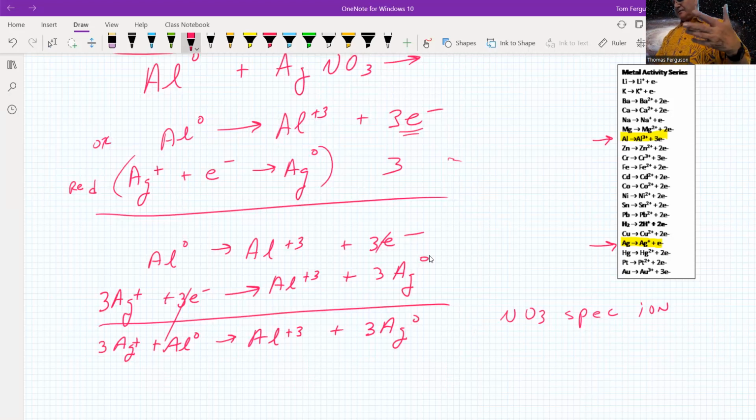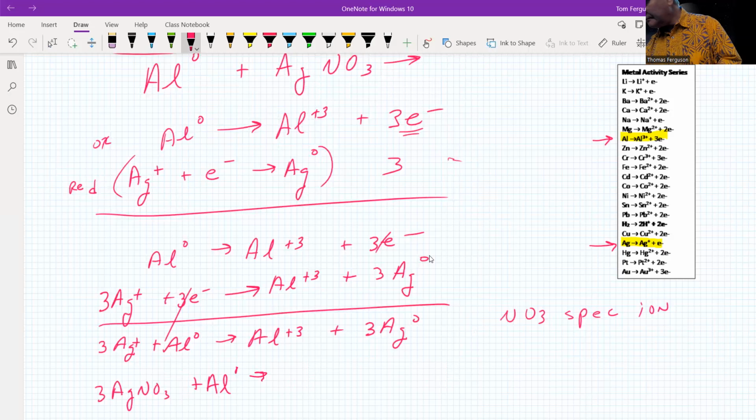So now let's add in the spectator ion. So it's going to be 3 silver nitrates plus aluminum metal gives aluminum nitrate. And because aluminum is +3, we need 3 NO3s to balance out the +3.